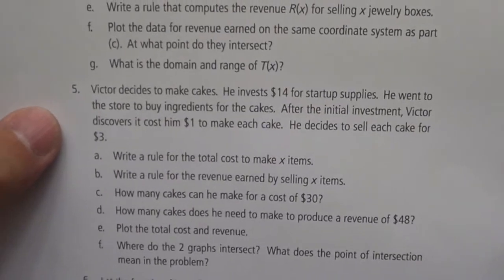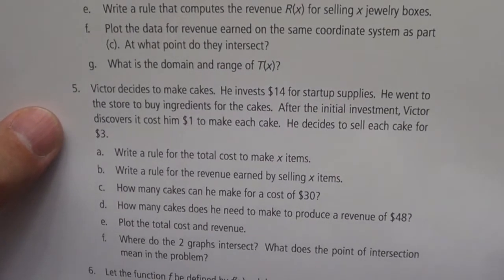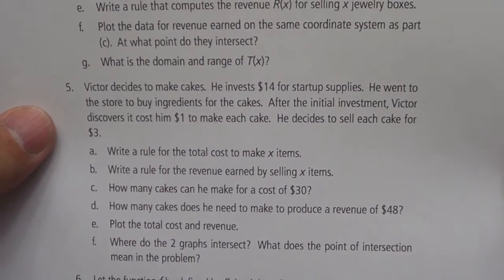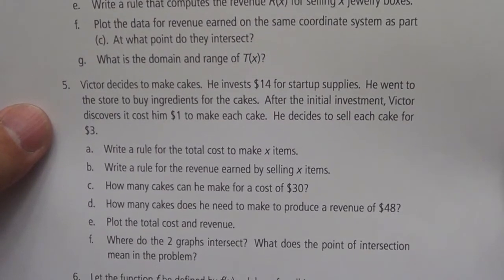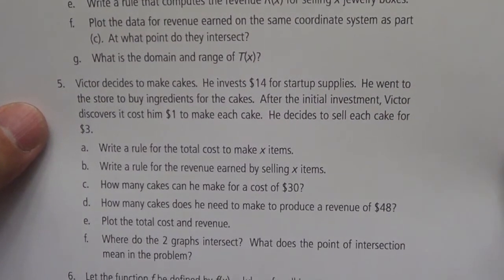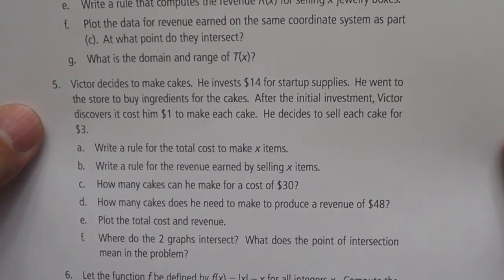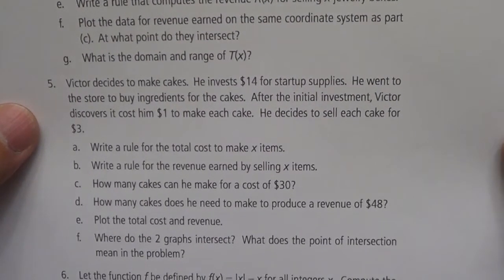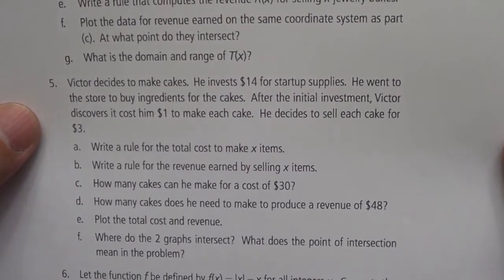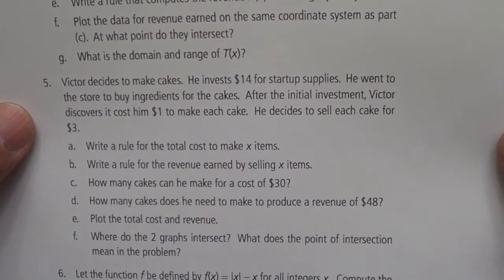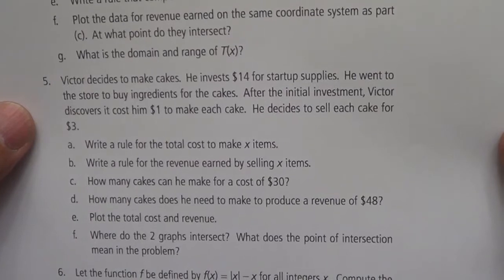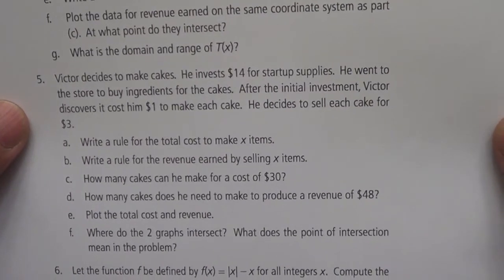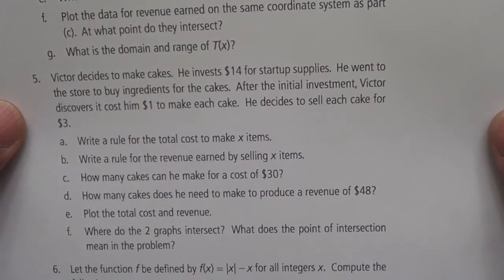Alright, so number 5, we have Victor making cakes. $14 is the initial cost for startup supplies. And then for each cake he makes, it's going to cost him $1 on top of the $14. So the $14 is his fixed cost, meaning that's going to stay 14 no matter how many cakes he makes.